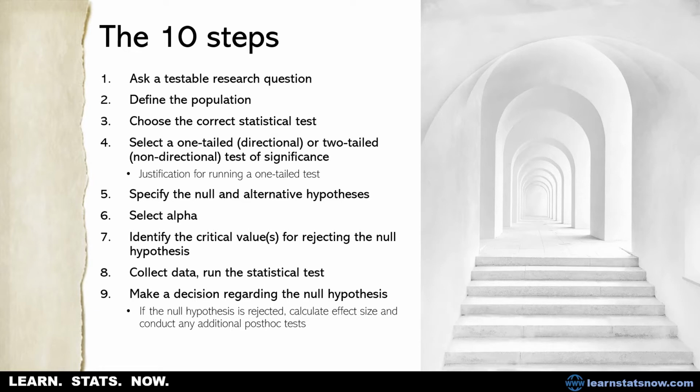Post hoc tests are things that we'll learn in later videos. It's not really relevant for a one sample t-test. Also in this video, I'm actually not going to calculate the effect size simply because that's going to take some additional explanation, and I'll put that in a later video. And then finally, we're going to generalize back to the population and revise subsequent hypotheses for subsequent research studies.